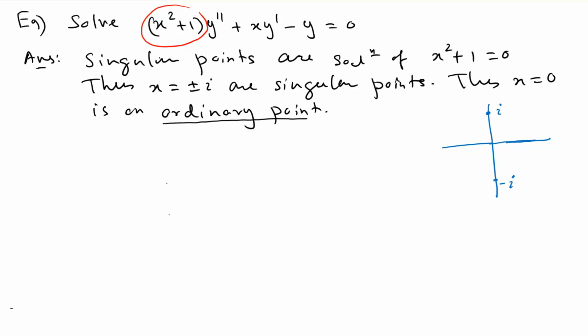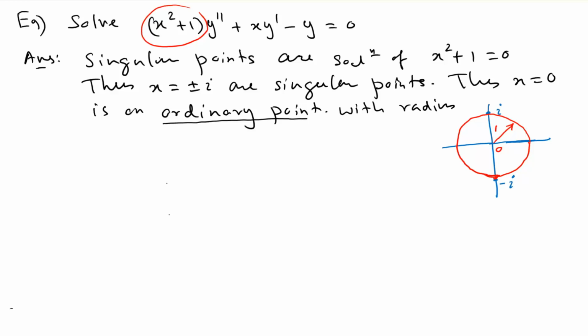What's the largest possible such circle? You can have a circle with exactly radius 1, touching them. So the largest circle with radius 1 is not going to touch. If you start with 0, you can go up to 1, but not including 1. So you can say it's an ordinary point with radius.